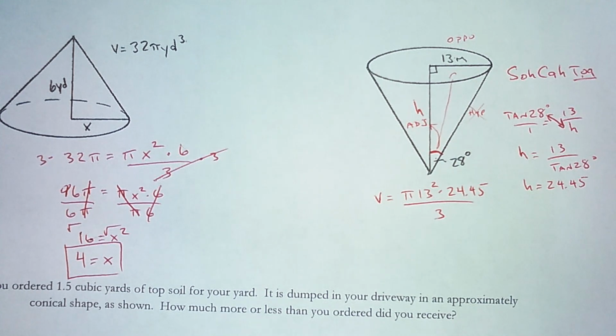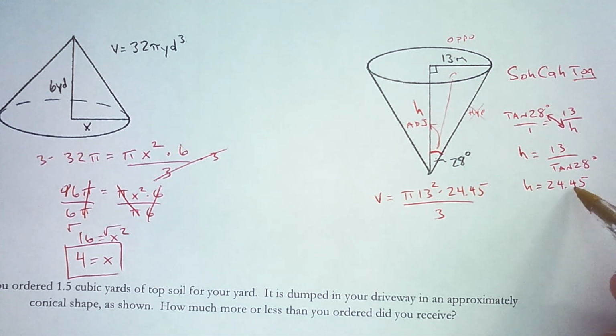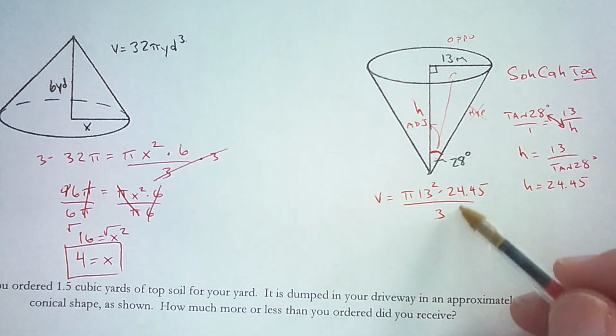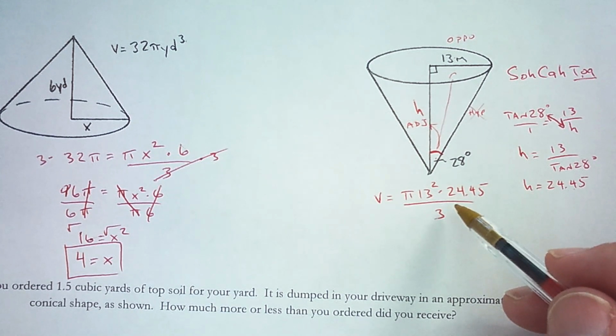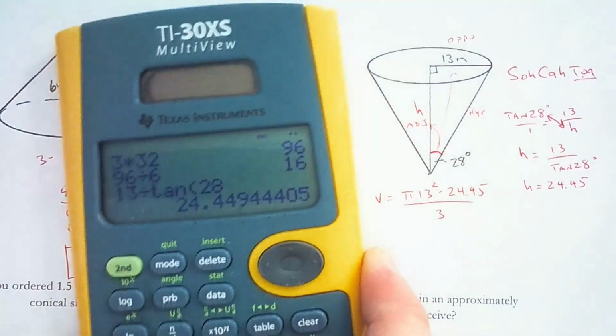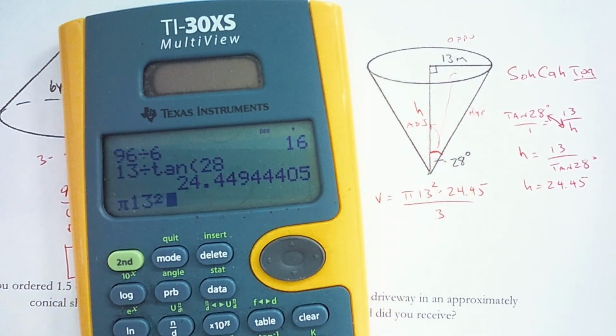Now on this problem, I have already done some rounding right here. I can't get an exact answer for this, which means that an exact answer for this one is not going to exist. So there's no sense in leaving the pi out of the calculator and trying to write an exact answer like we had done before. So we're just going to type everything in. Pi 13 squared times, and I'm just going to bring in that previous answer.